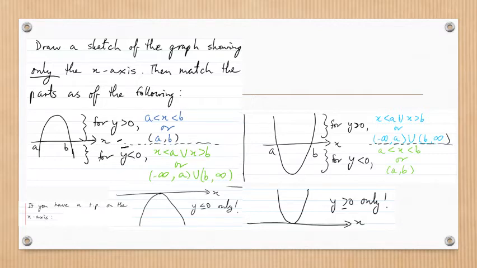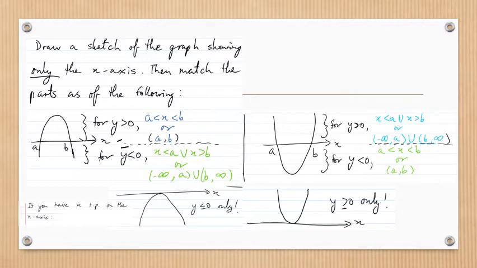Any section that's below the x-axis, which is what this is, is going to be y less than 0. Yeah? Simple enough? If it's above the x-axis, then it's where y is greater than 0. So it'll be between A and B. I'll put the one on the left here. Does that make sense? Yeah?